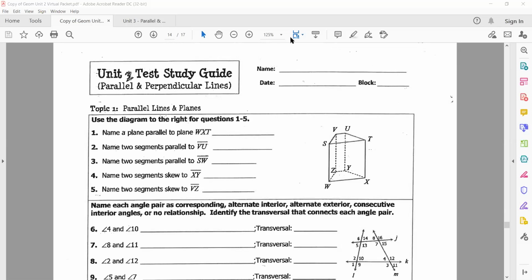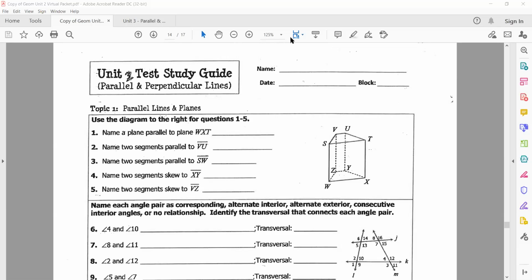UT, I think, is parallel. What about SW? Yeah. SW, VZ, ZW, VU, let's see, ST. So how many is that so far? 5 or 6? There's plenty to choose from.